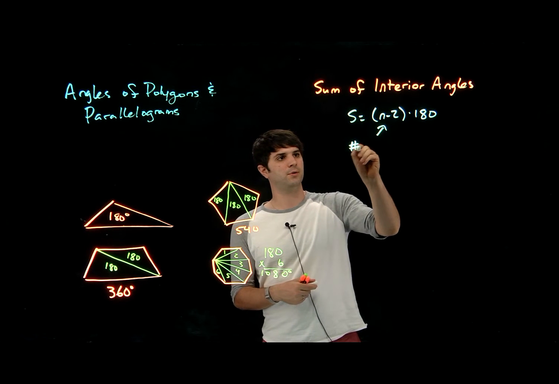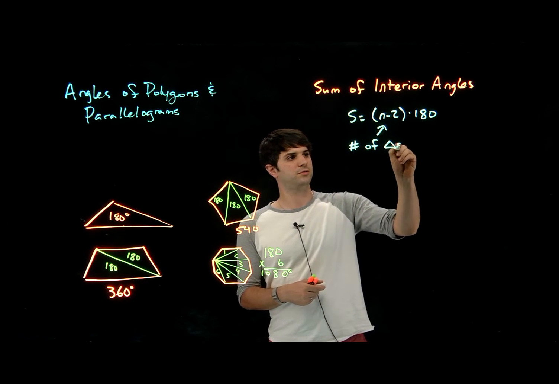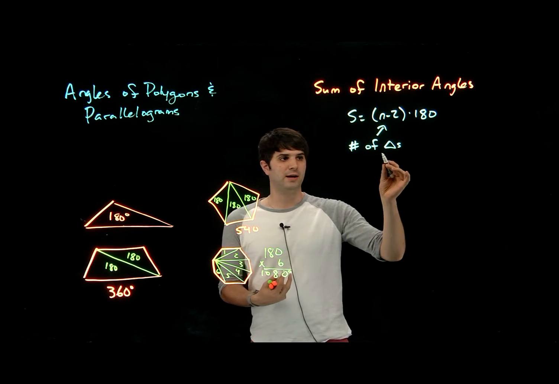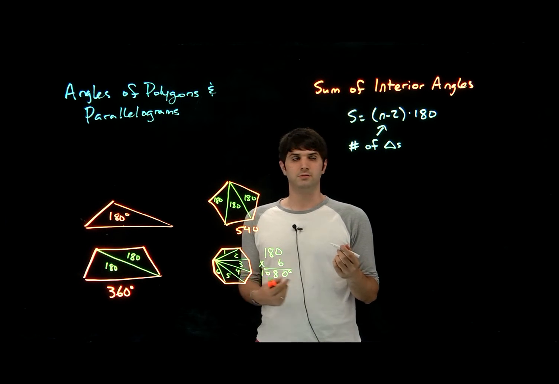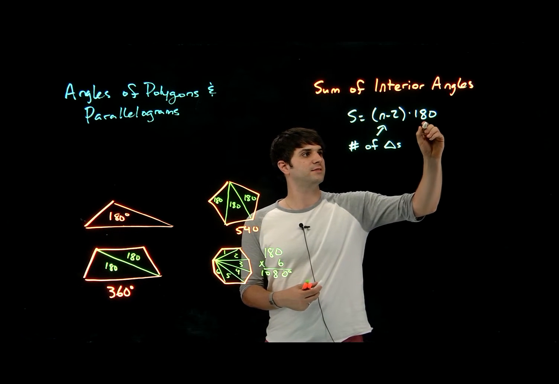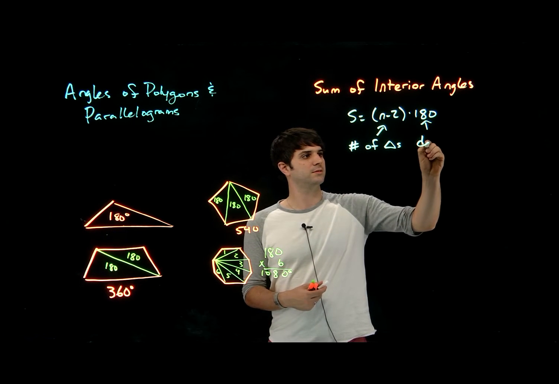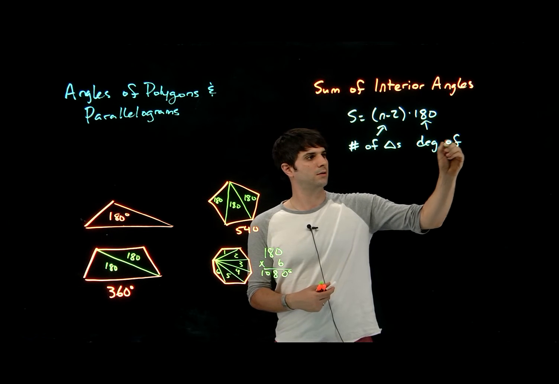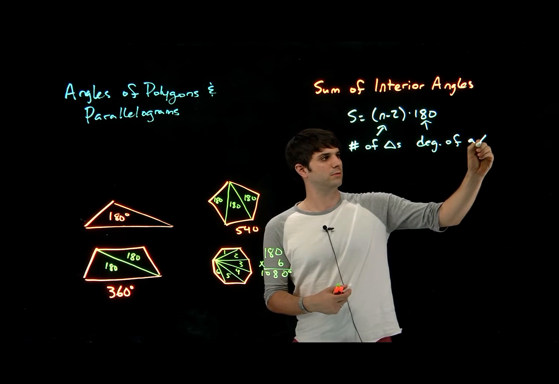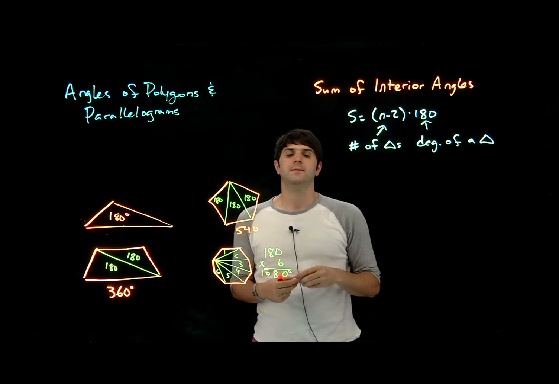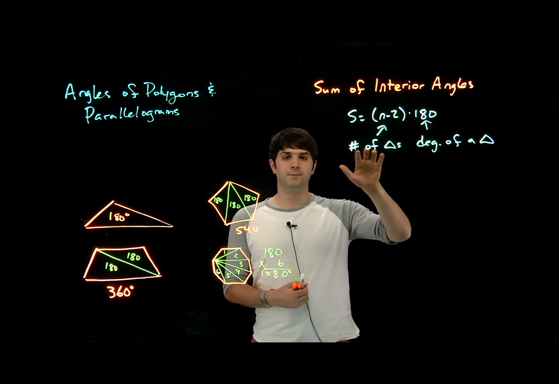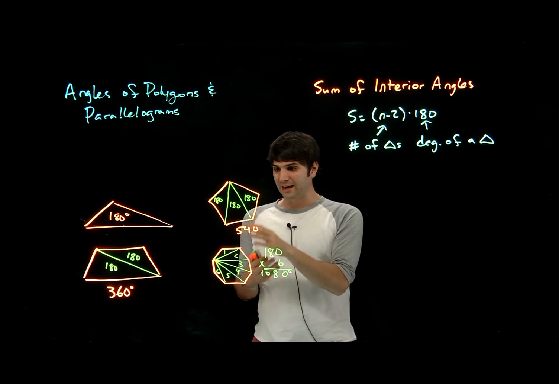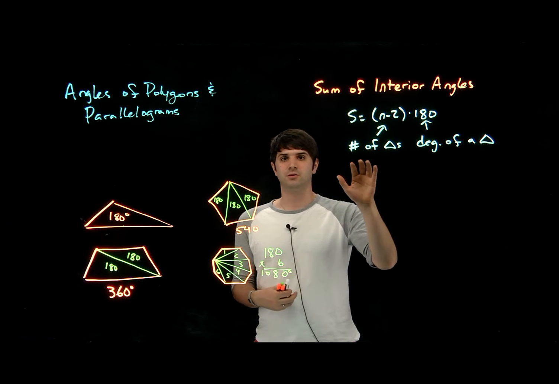This is the number of triangles in any polygon with the diagonals. And this is the degrees of a triangle. So basically we're dividing up the polygon with diagonals to make triangles.